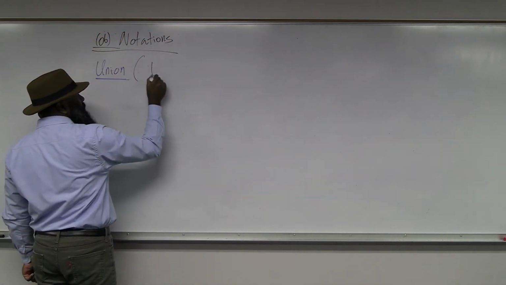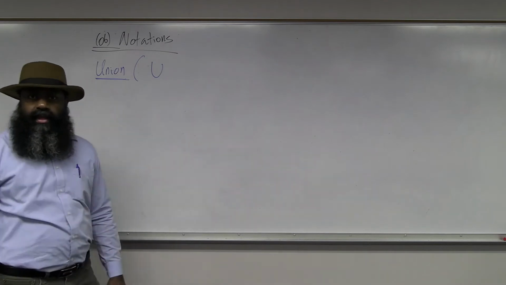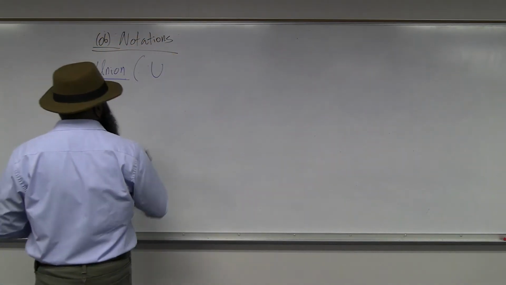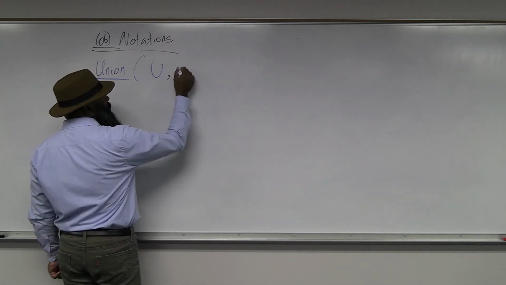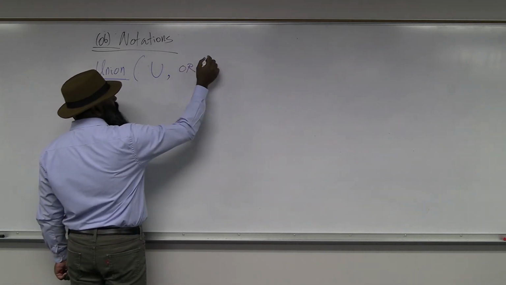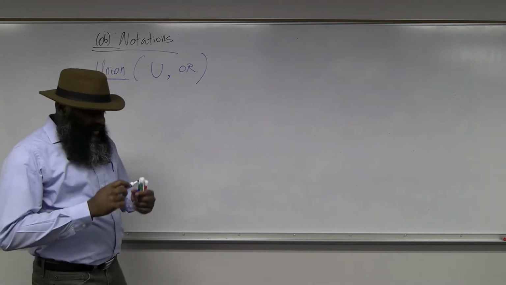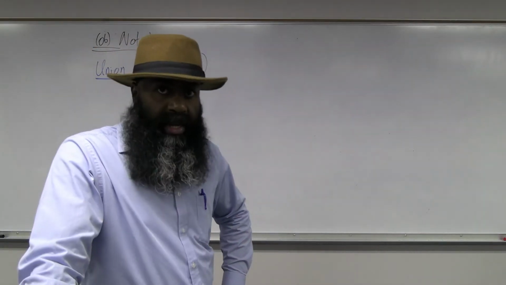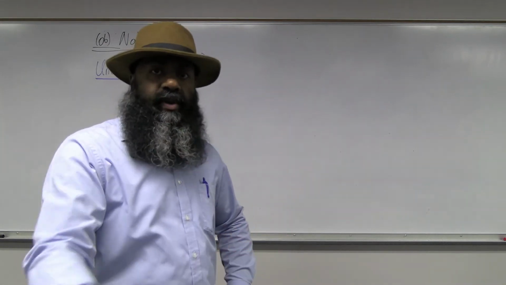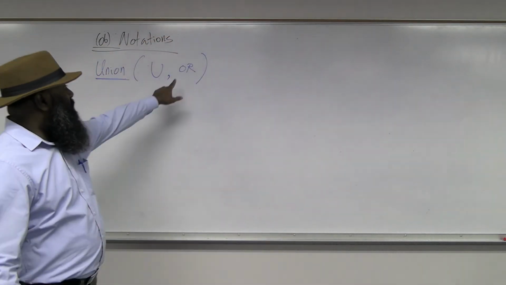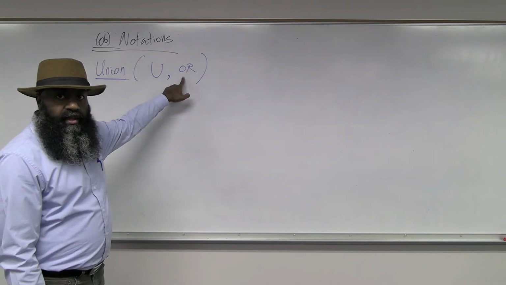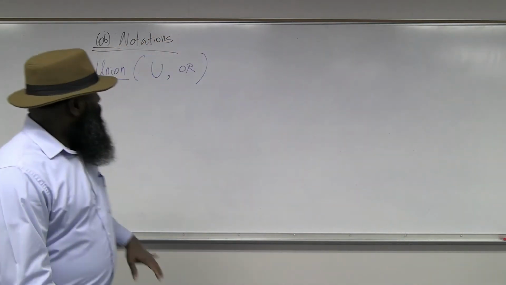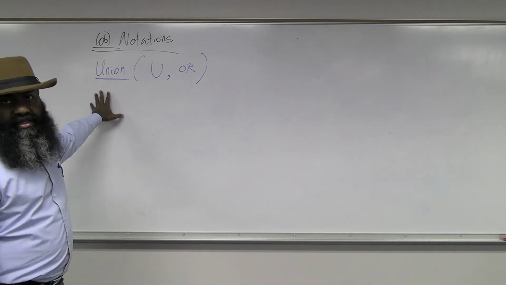The symbol is a letter U. Or you can write it in words. It's given as or. Almost always you have to do word problems for probability calculations. So when you read carefully, you can see these kinds of technical words, or, between two events. That means we are talking about the union of the two events.